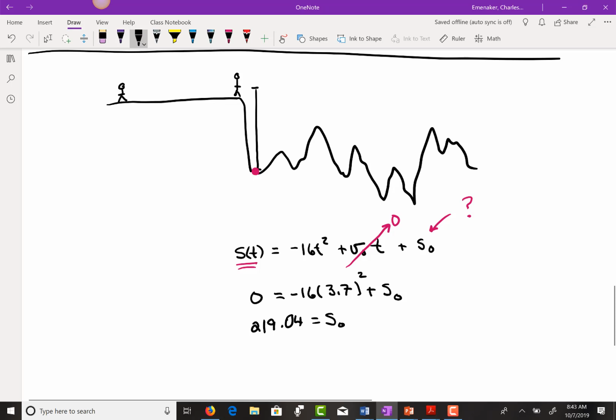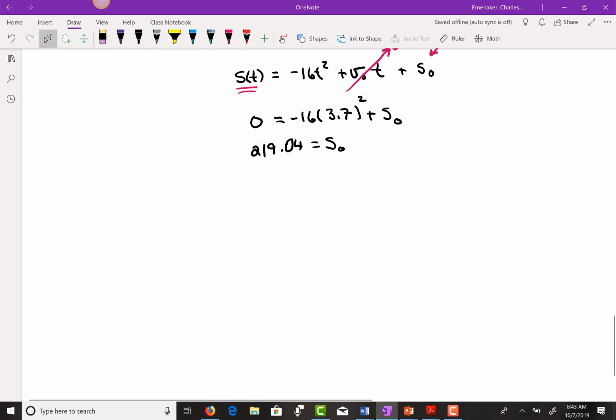Okay, well that's nice, Chuck, but what does this have to do with anything that we're talking about here? What this first equation talks about is height. This is the height. If we take its derivative, s prime of t, we're going to get a negative 32t plus v sub 0. Does that make sense to everybody, taking the derivative of that equation?